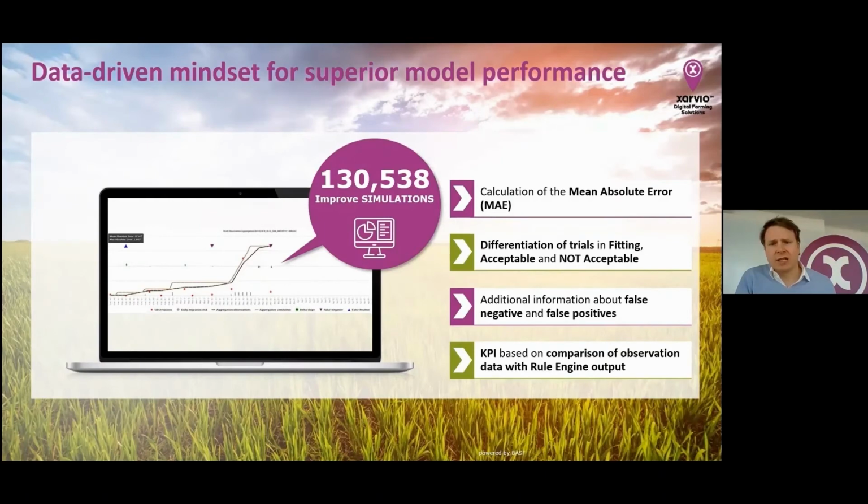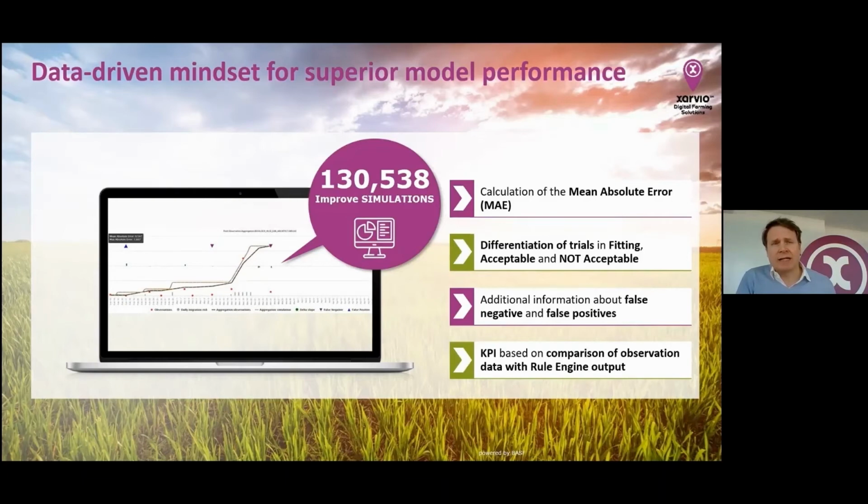So you see here all our models we are running. We run simulations based on data we collect from trials, data we collect from farmer observations, also from observations our organization is capturing in the field. And you see that more than 130,000 simulations have been done on models so far.